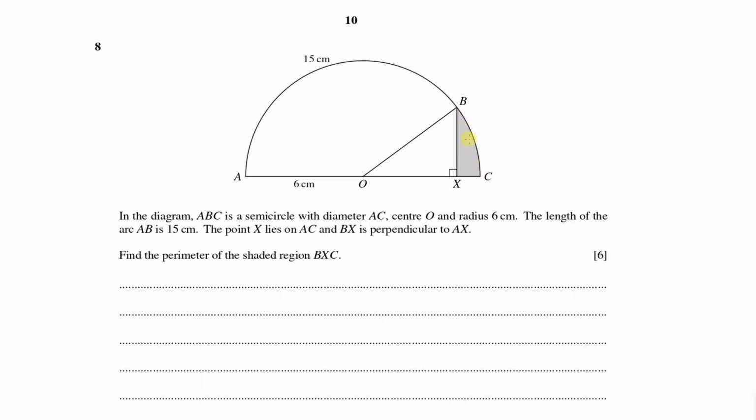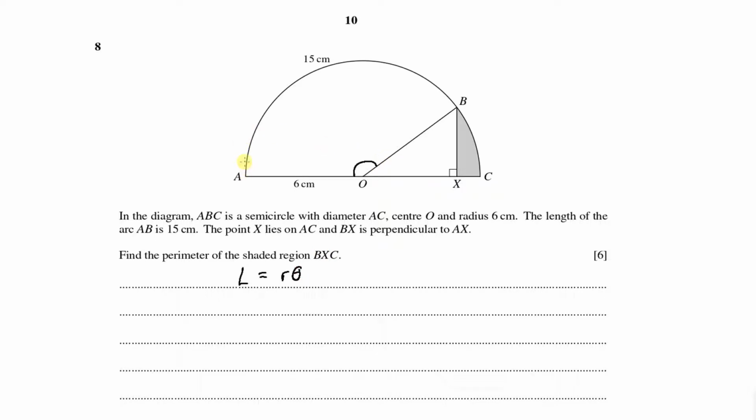Now to help us do that, let us start with the sector AOB, so this whole sector here. And we're going to use this big arc to find the value of this angle here. So we know the formula for length of arc to be r theta if theta is in radians.